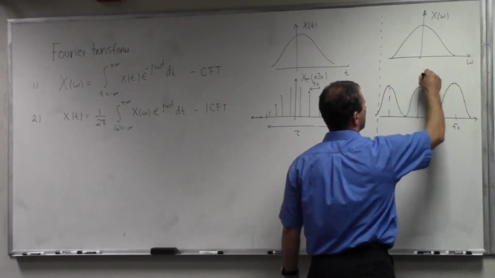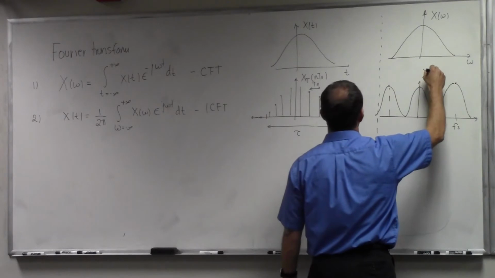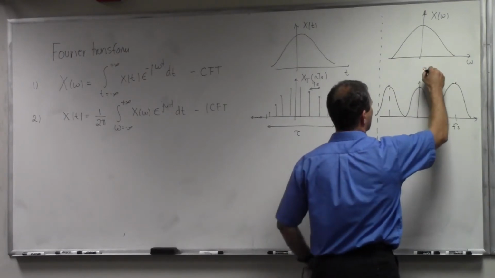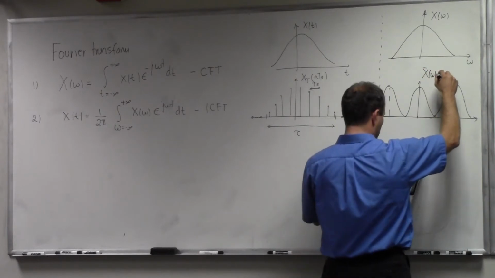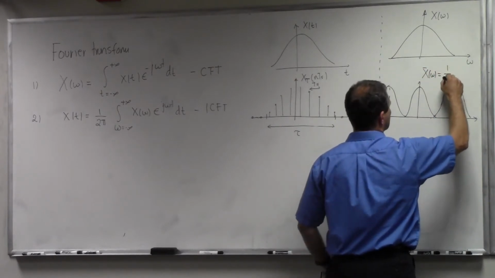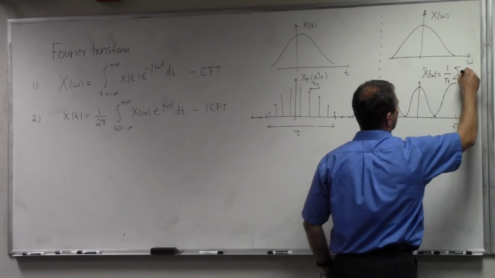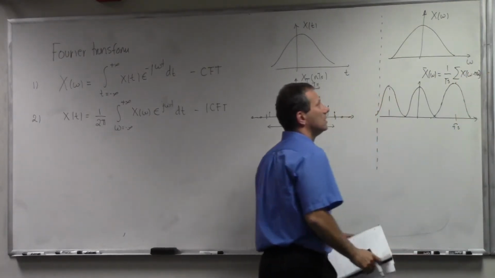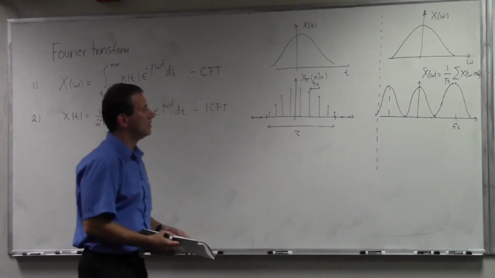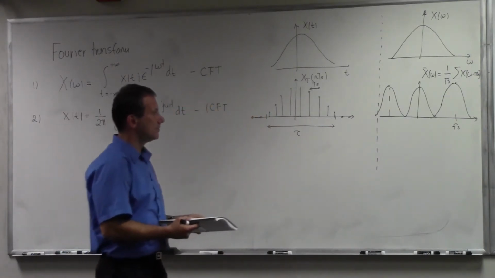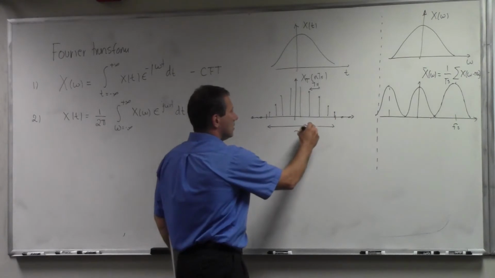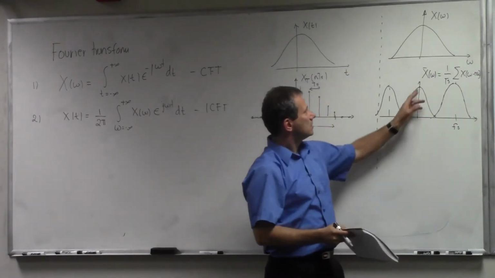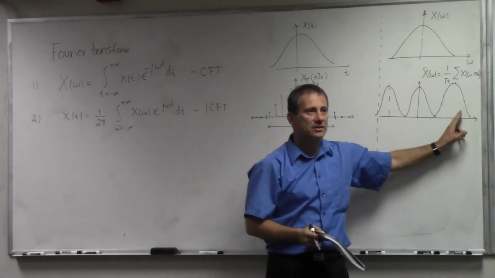So my x of sampled, x bar of omega, is going to be equal to 1 over Ts sum of x of omega minus n omega s, omega s being the angular sampling frequency. Now, this formula is taking this signal and periodically extending it.